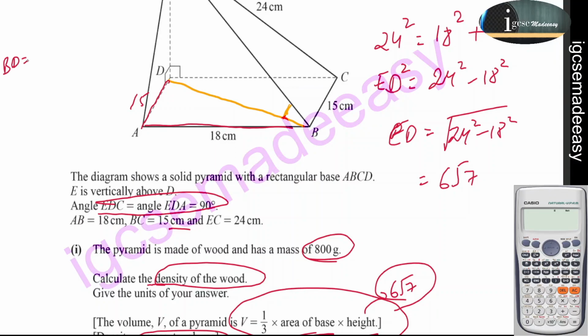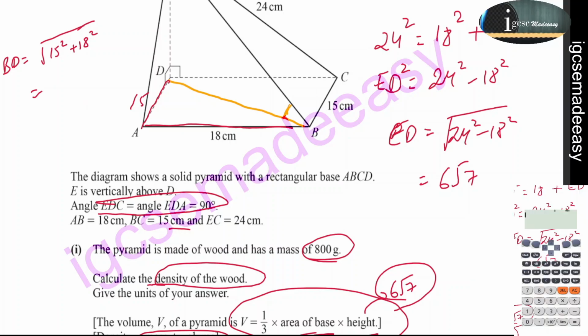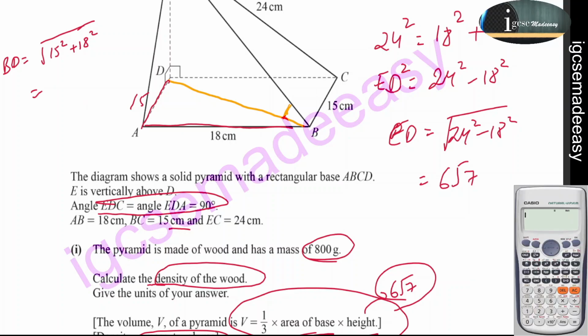BD will be equal to the square root of 15 square plus 18 square. So let's do that. The square root of 15 square plus 18 square gives you 3 root 61. So BD is 3 root 61.